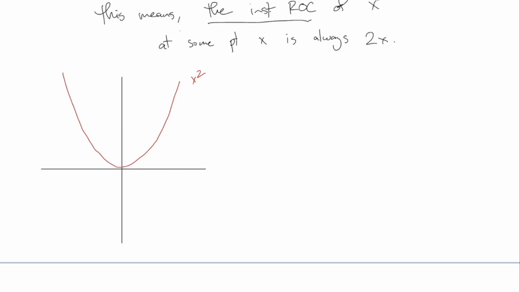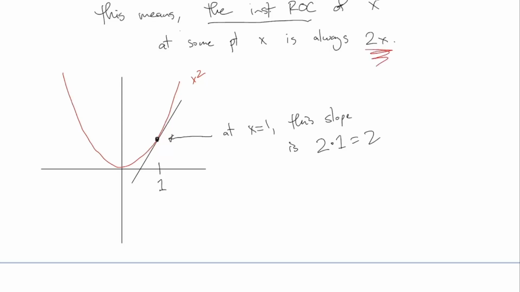Like if I look at, say, 1 here, and I ask you what's the instantaneous rate of change, it's the slope of this line. Would you believe me if I said at x equals 1, this slope is 2? 2 times 1, which is 2. This 2x here gives you a formula for the slopes, depending on what x is. So at x equals 1, this slope is 2.